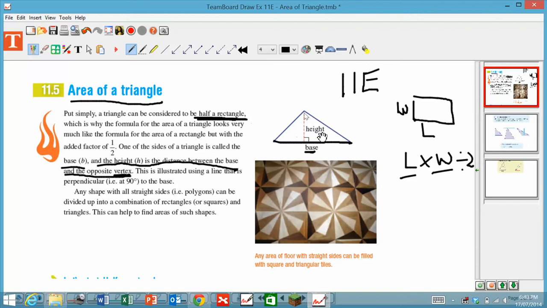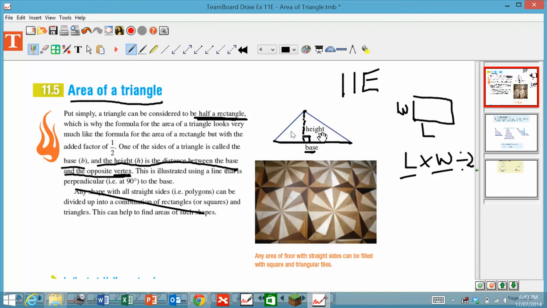So here's the vertex. The height is this line, which is perpendicular, 90 degrees, to the base and goes up to the vertex. And that is the height.